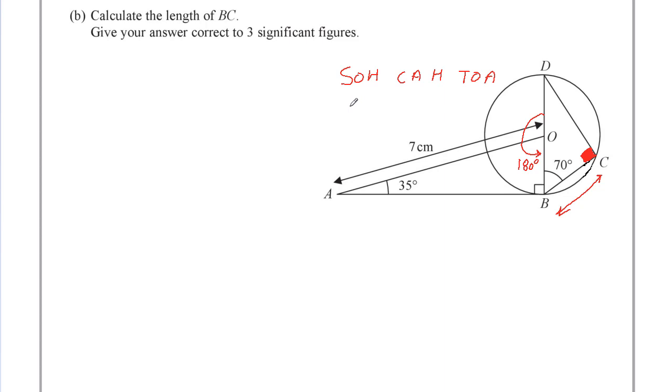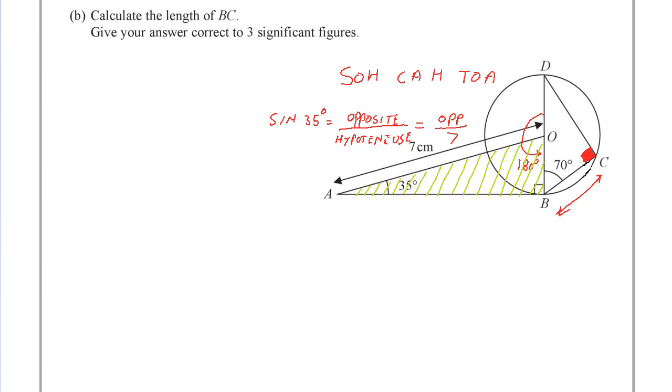Okay, so we have the hypotenuse, and we know this angle 35 degrees, and the radius represents the opposite side of this angle. So we need to use SOH, which contains the opposite and hypotenuse. Sine 35 degrees equals opposite over hypotenuse, which equals opposite over 7 centimetres.